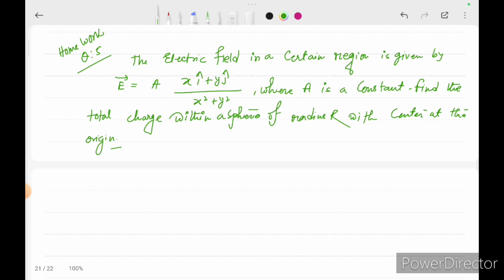Okay, so I think you have learned here how to calculate the total charge from the given electric field for spherical charge distributions. These are the most famous problems asked in examinations, and also very conceptual questions, so you have to learn them.